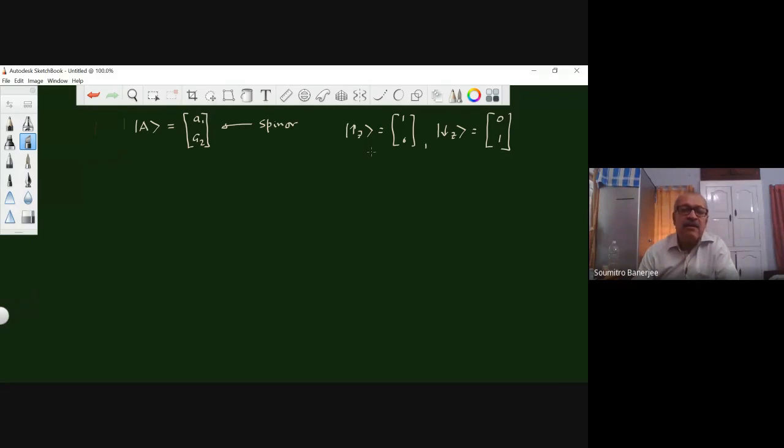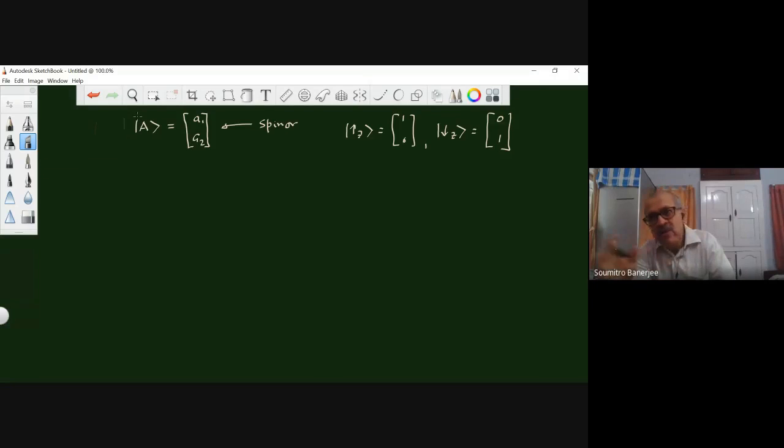Now you will notice that this representation is different from a wave function representation because the spin is not represented by the wave function. So we are now not talking about the Hilbert space. We are talking about the spin space, where all possible two-dimensional vectors live. In wave mechanics, we have a wave function and we have operators.